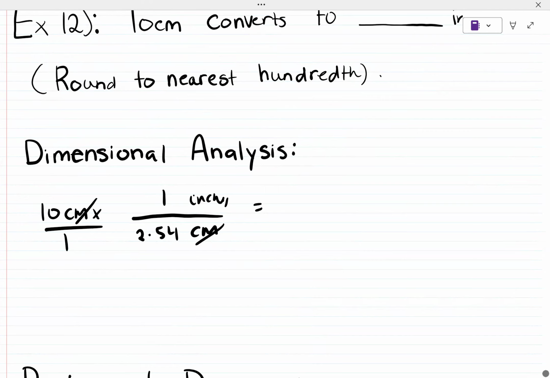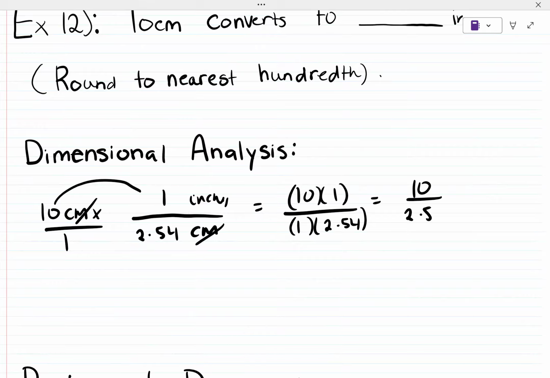And then the centimeters disappear. 10 times 1 is 10. And then on the bottom, it's 1 times 2.54. It's 10 over 2.54. And when you put that in the calculator, you get 3.93700. It says round to the nearest hundredth, so 3 is in the hundredths place. So you look at the neighbor, and then that rounds to 3.94.